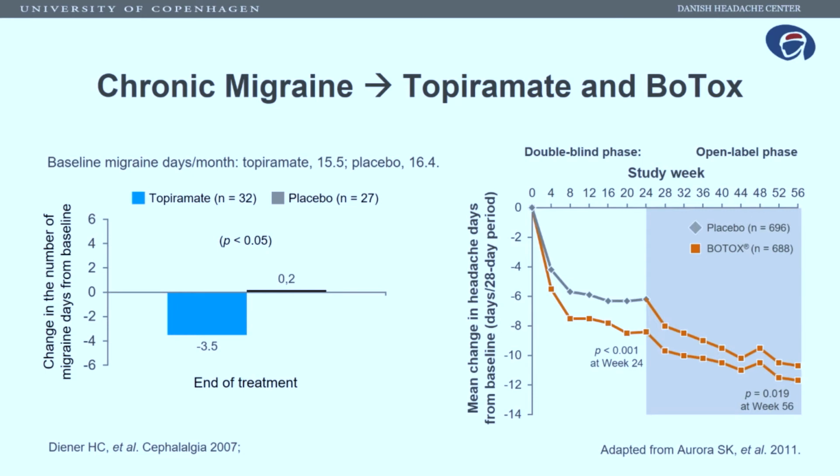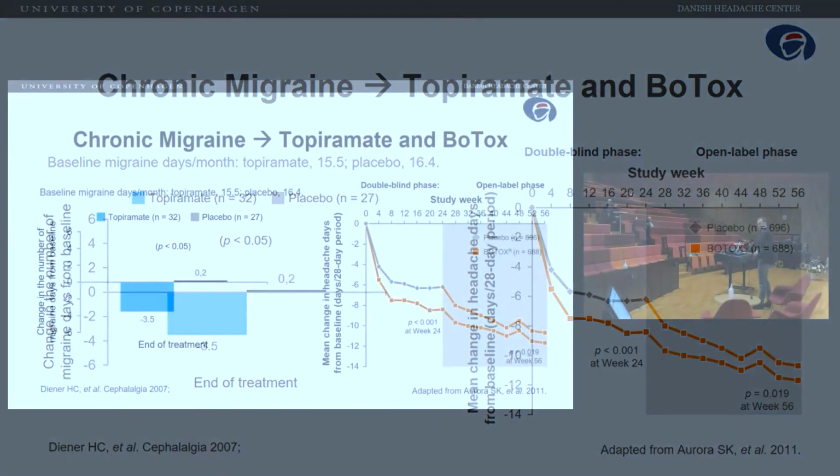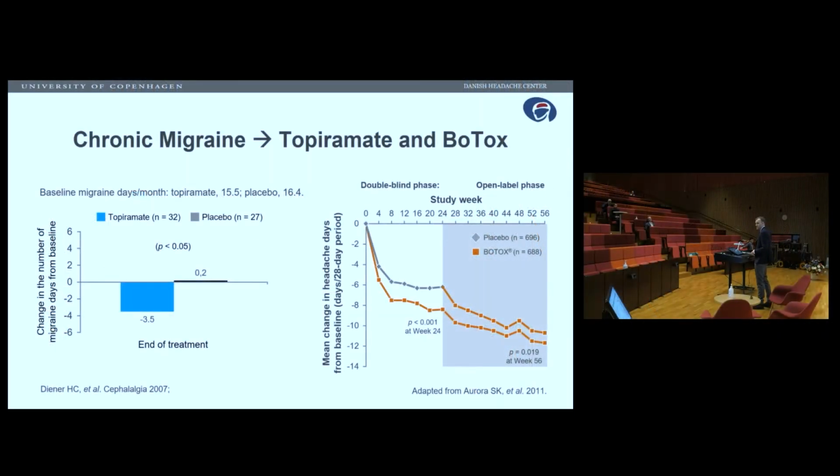Step care approach, right? And then there's a special case of chronic migraine, where topiramate has shown efficacy and botulinum toxin has shown efficacy as well. So for chronic migraine, topiramate or botulinum toxin is the way to go. And of course, CGRP antibodies.